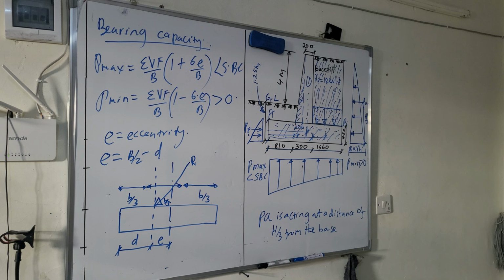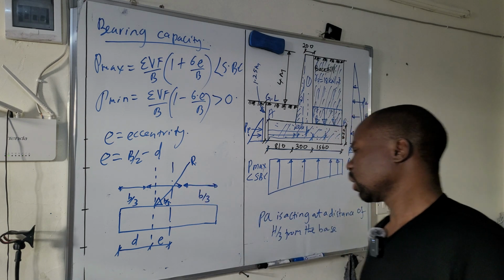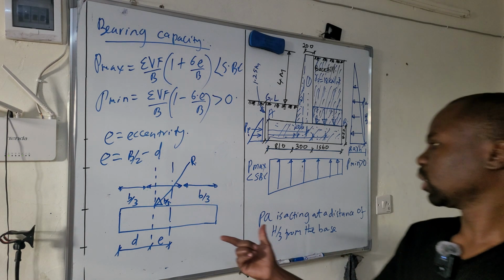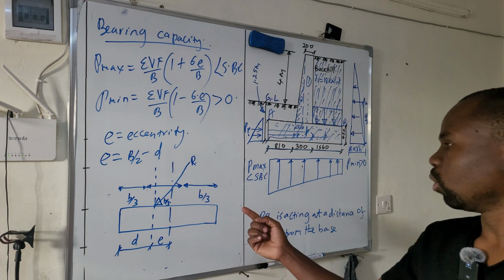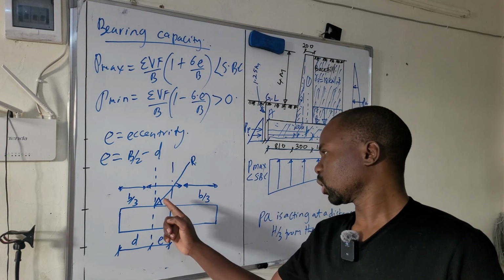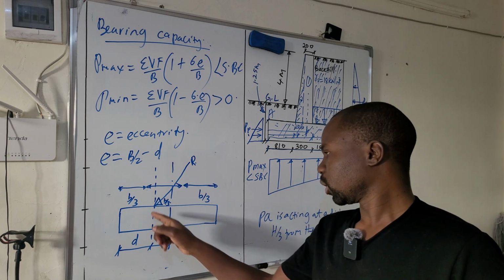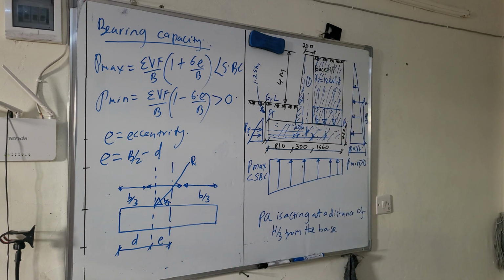So it means the resultant force, which is R, must be within the middle third rule. As you can see, I have divided this into B over 3, B over 3, B over 3, and it should be in between the middle third.